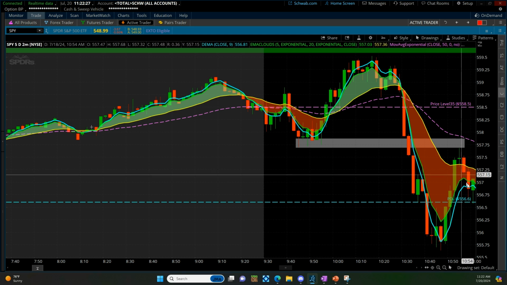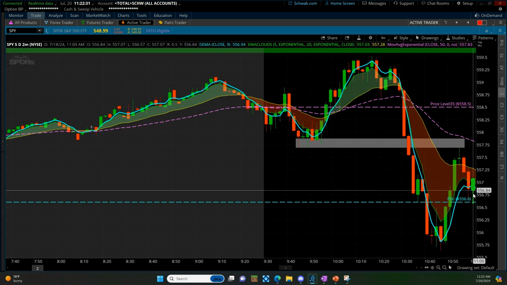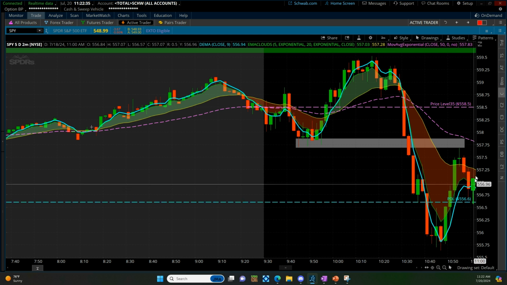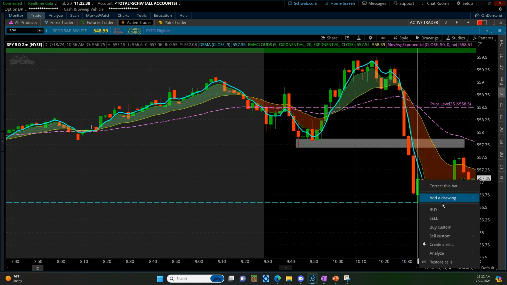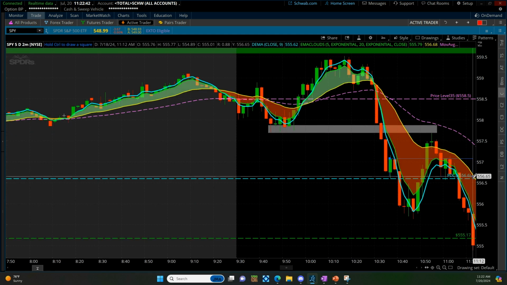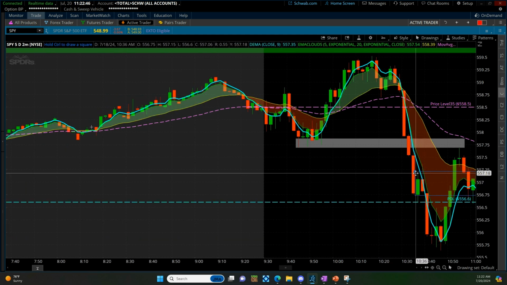But what do I need to see to understand these buyers don't have it? I need to see price push below this candle, right? If price can push below this green candle, remember, we're always looking for green candles to be ignored in bearish scenarios. And on the flip side, we're looking for red candles to be ignored in bullish scenarios.